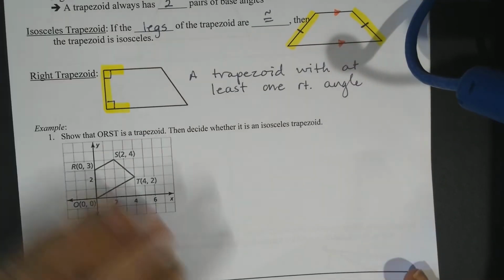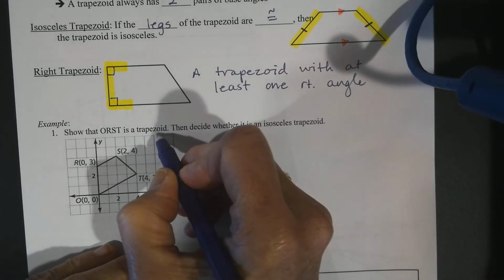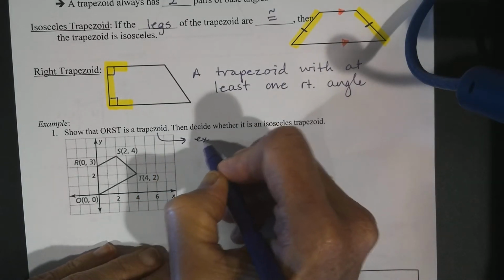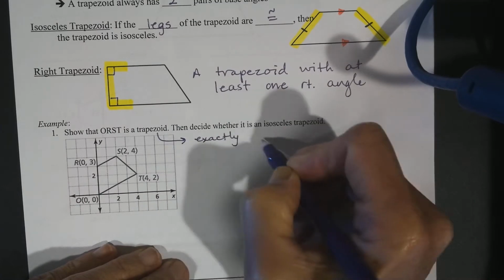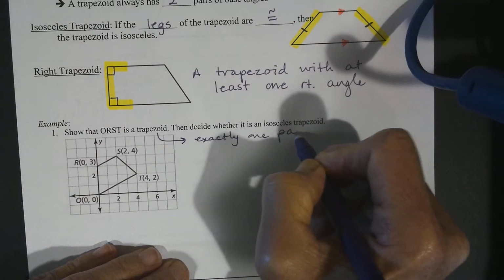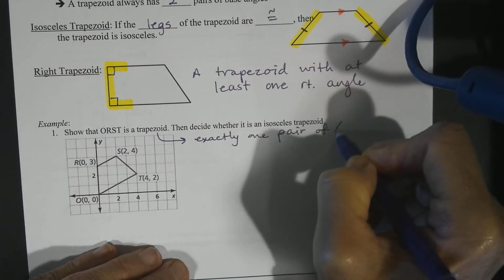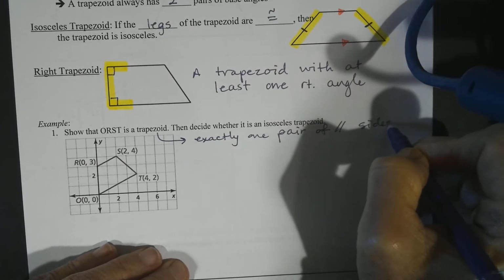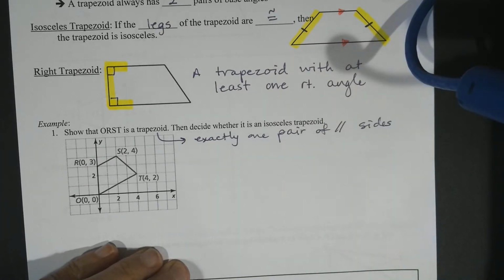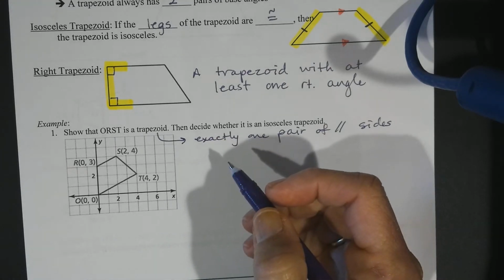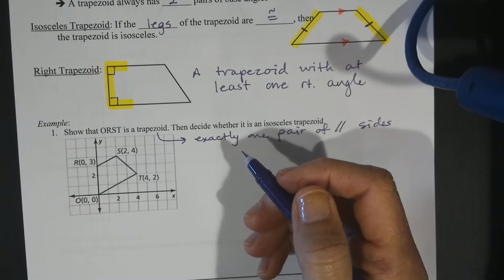If you recall how to do parallel, that means you need slope. So you basically have to show the slopes of all four sides and then make sure that only one of them match.